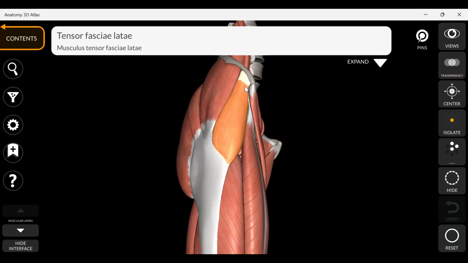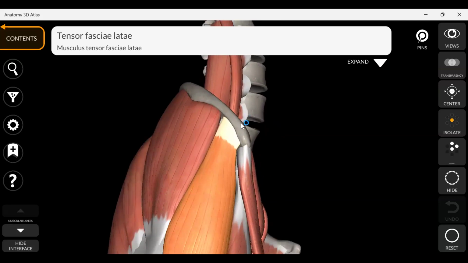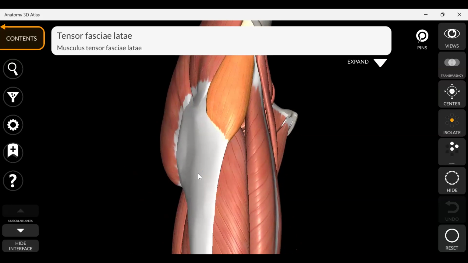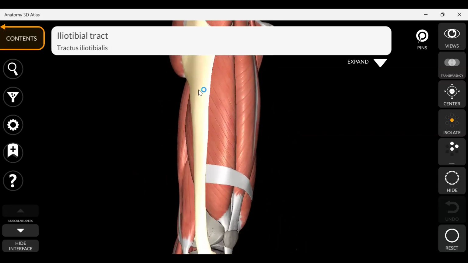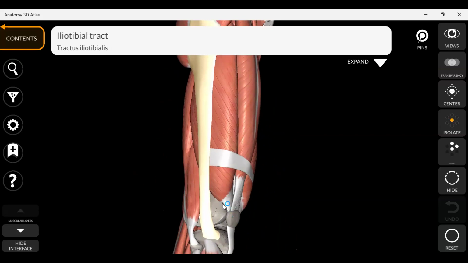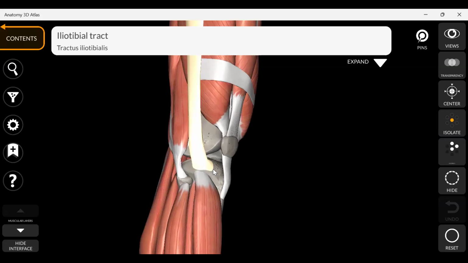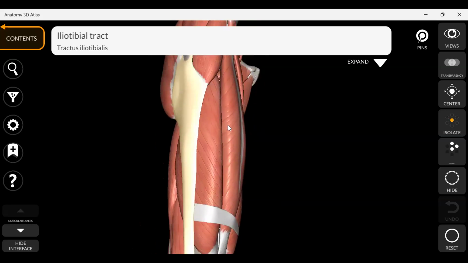So it attaches to the upper part of the iliac crest, and it goes below to attach into a connective tissue known as the iliotibial band. So this is the iliotibial band, and tensor fascia latae attaches with the iliotibial band. And this connective tissue continues, and it is again not attaching to the femur, rather it is attaching to the tibia.